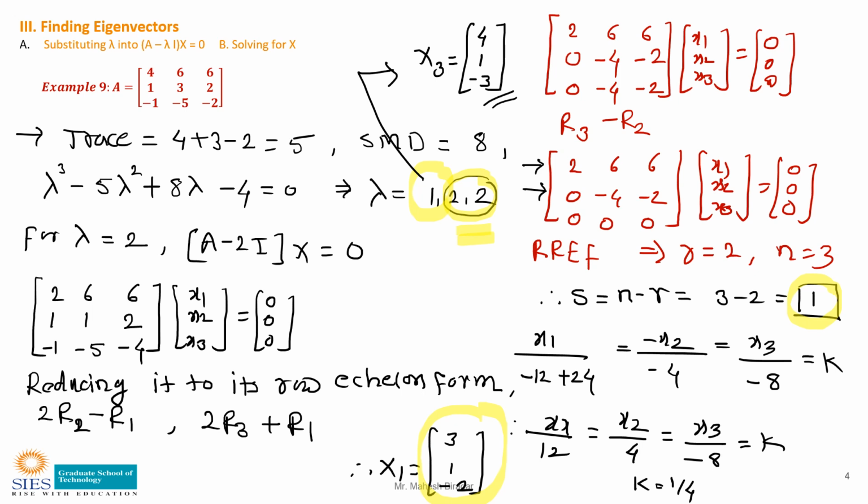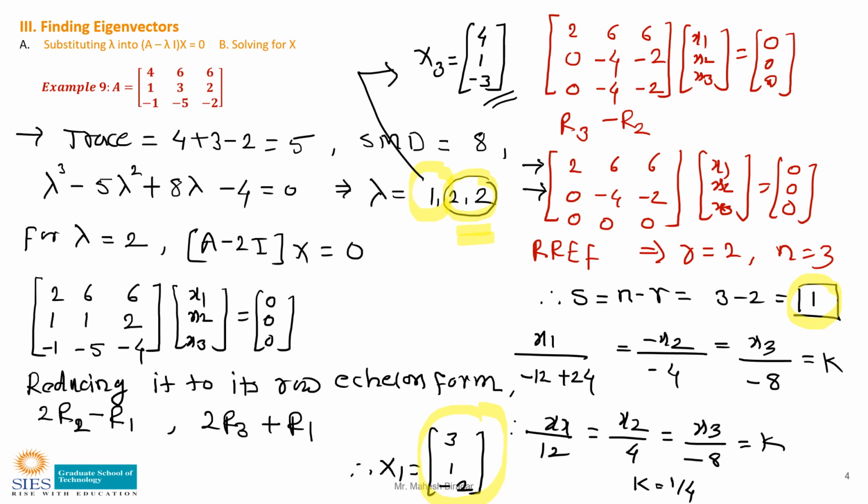So in this way, we have seen two examples here. In the previous example, lambda is equal to 2 is repeated 2 times, and we got two linearly independent eigenvectors. And in this example, lambda is equal to 2 is repeated 2 times, but we got only one linearly independent eigenvector.